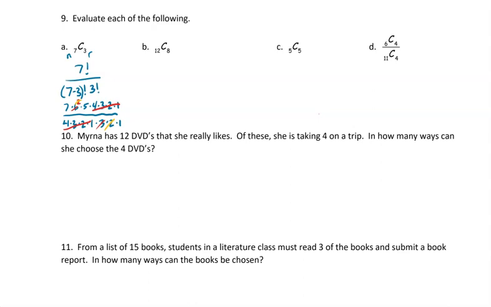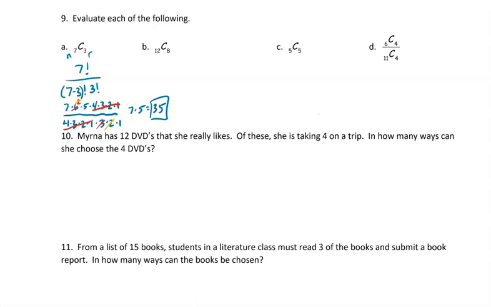So the only thing actually left is 7 times 5, which is 35. Okay, so that one's a little bit more of a pain. It's a little bit more to simplify than the permutations one, because we can't as easily cancel everything out.